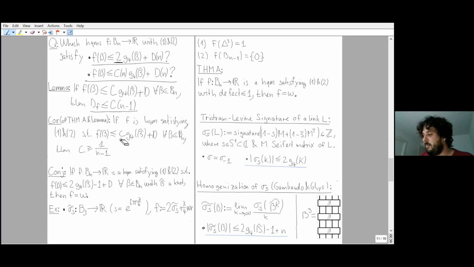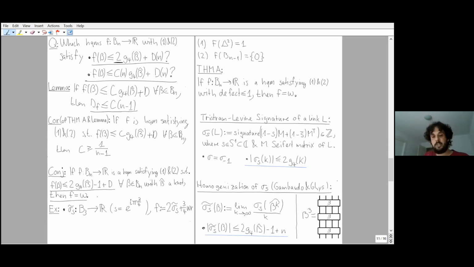So you get some relation between, oh, if I have too much of an upper bound, I can't exist, and there's some restriction. This is not a perfect lemma, and it's not a perfect corollary. What I really want is the next conjecture, which is if you have any homogeneous quasimorphism satisfying your 2 normalization conditions, and you satisfy the bound the fractional Dehn twist coefficient satisfies, I wish to have that only the fractional Dehn twist coefficient satisfies this.